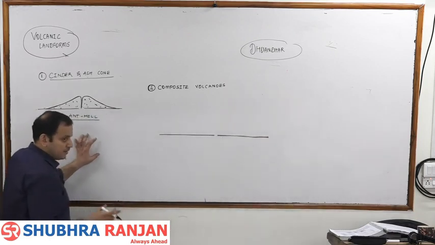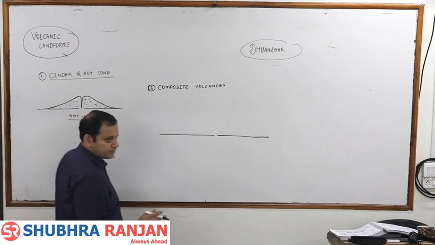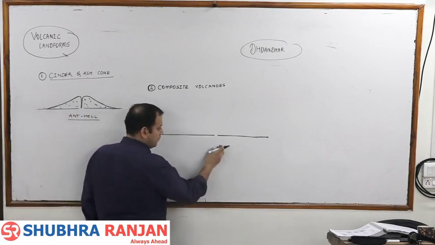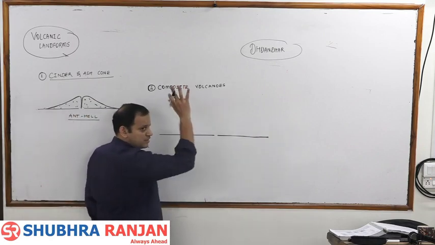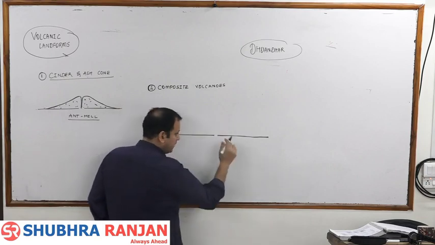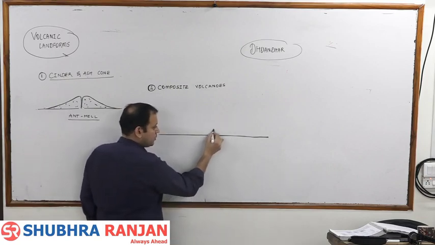Now imagine in this composite volcano, first understand what is occurring. First there is a huge eruption. Due to the eruption, what will happen? The stones will be thrown in different directions.